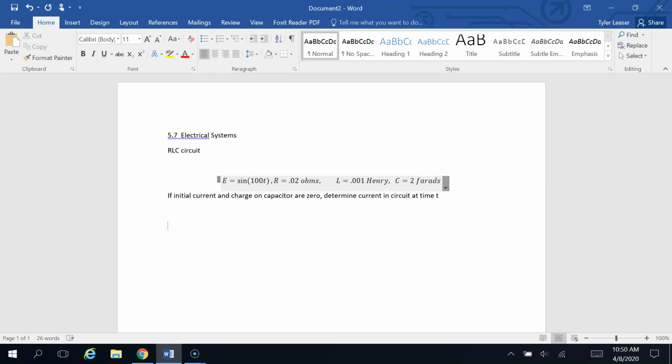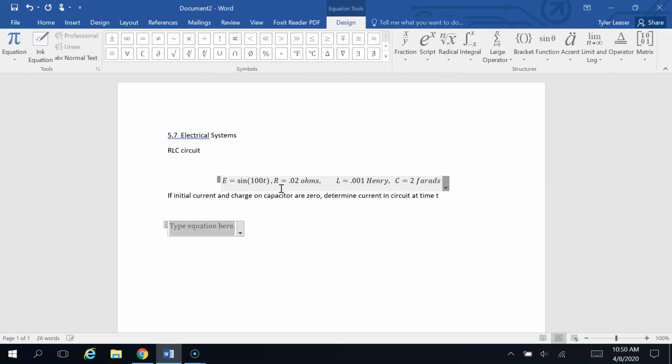Okay, so just setting it up, and this is mostly stuff that we've seen before. First things first, we get the current by taking the derivative of the charge. And then other stuff that we should have seen before is that we looked at this E, which is the electric force, the voltage that's going across the system.